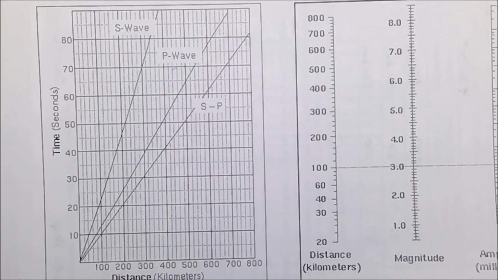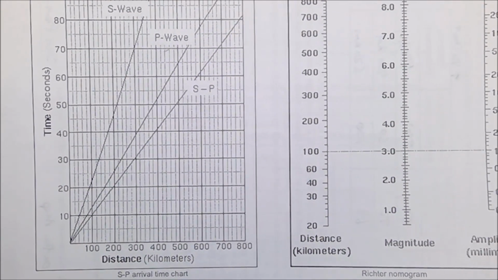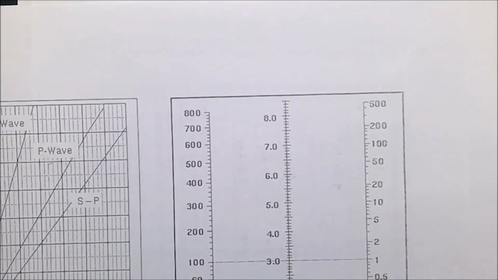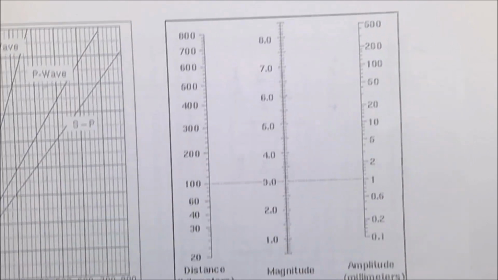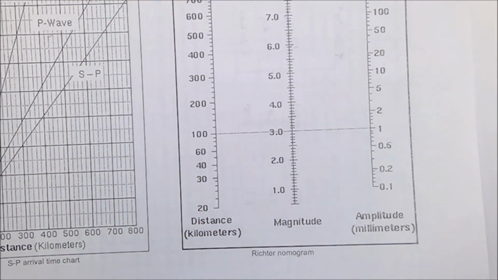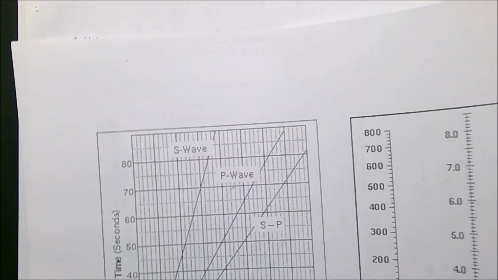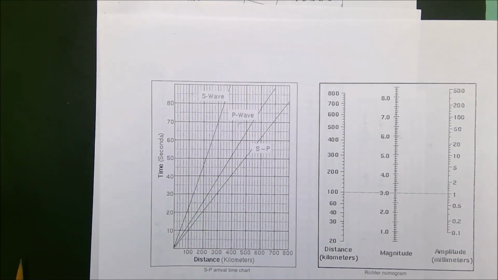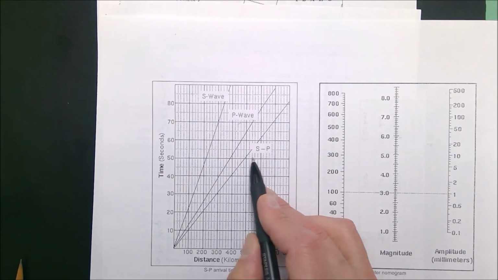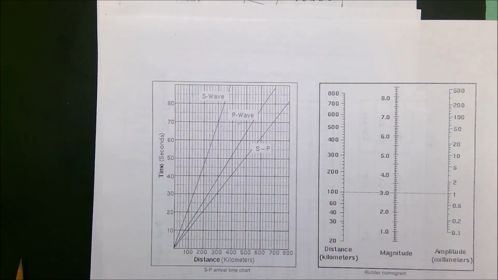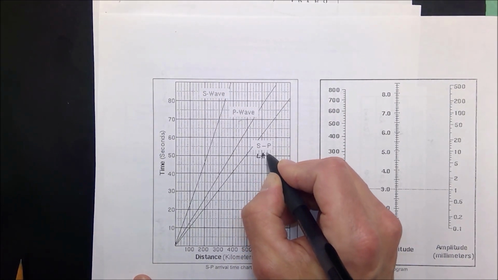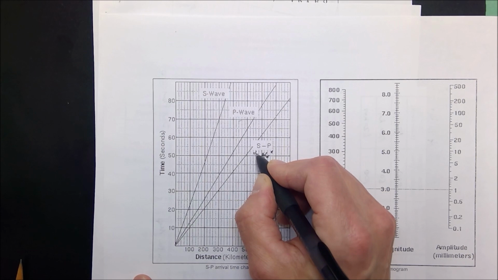So you have a P and S wave travel time graph over here, and then you've got the Richter Nomogram chart on this side. What's nice about this particular graph is they've already calculated this line is the S minus P. So when you're looking at this, I'm just going to label this as the lag.